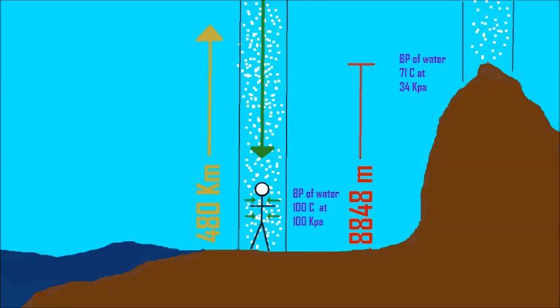The weight of all that air above us creates a pressure that pushes on every surface you can think of, the ground and even our bodies. It works out to 1 kilogram of pressure for every square centimetre.